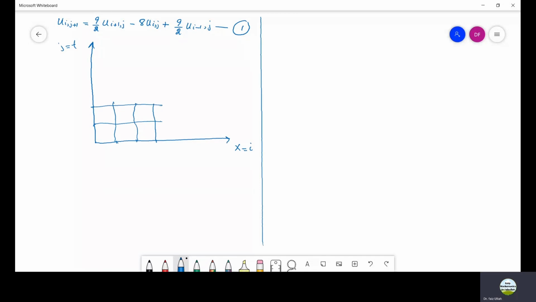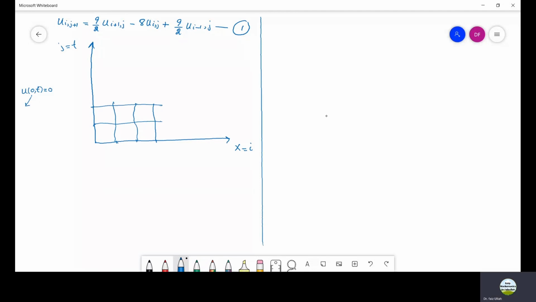And now let us see the boundary conditions. The first boundary condition is u of 0 comma t is equal to 0. So this is the axis on which x is 0 and t is varying.